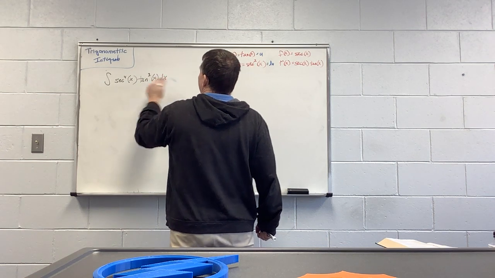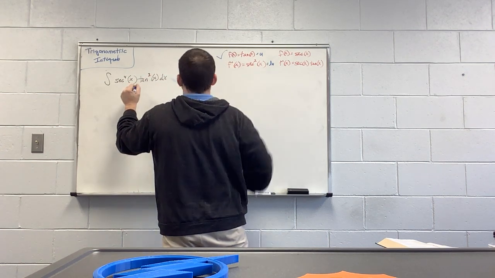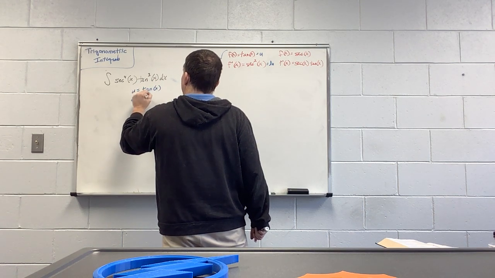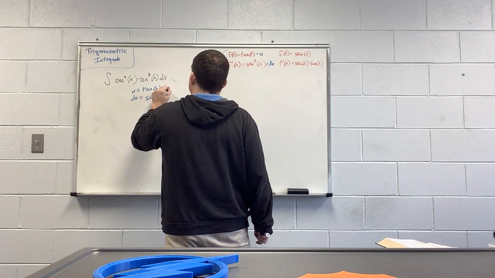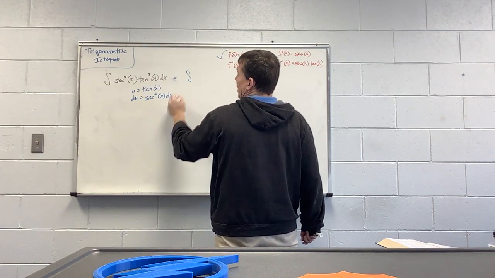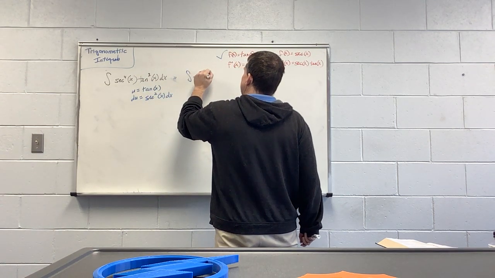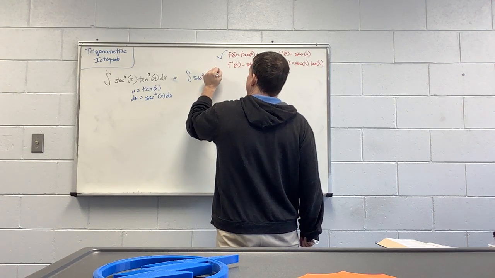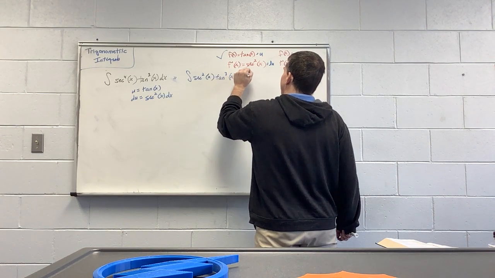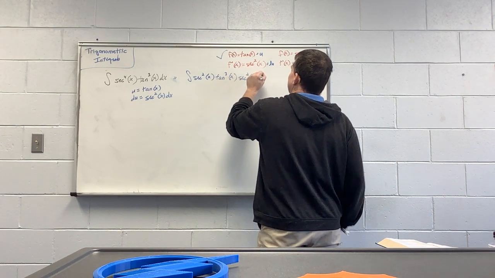So I know I'm going to use u equals tan x, du equals secant squared x dx. So this I will then rewrite, I'll pull out my extra term as secant squared x tan cubed x secant squared x dx.